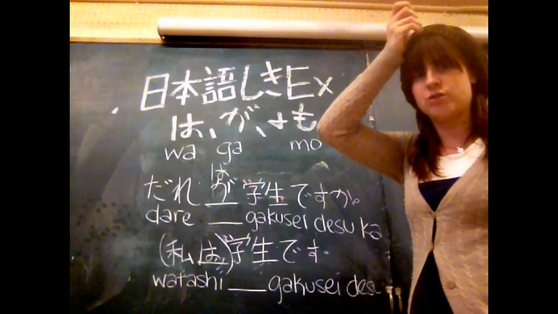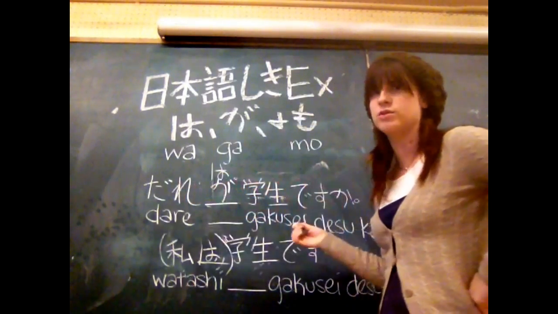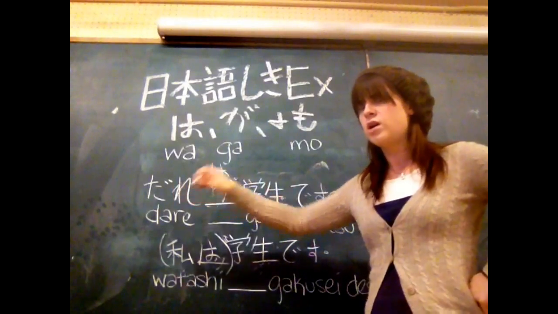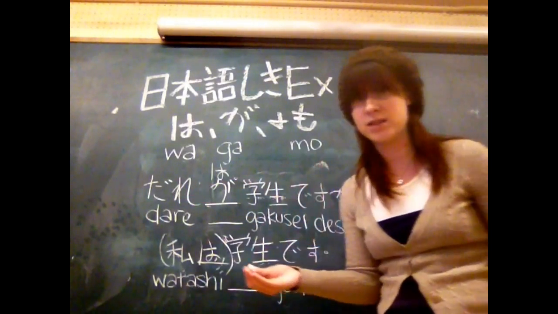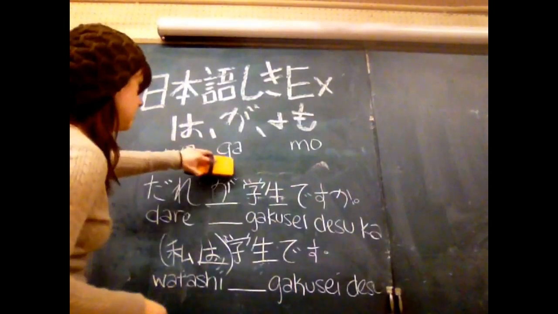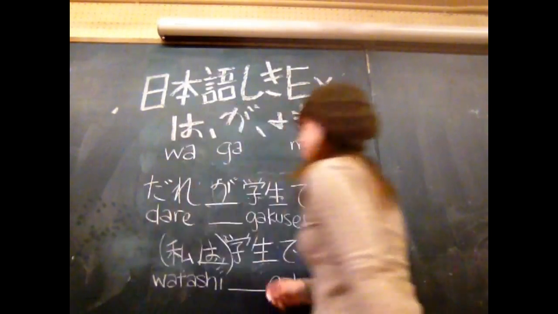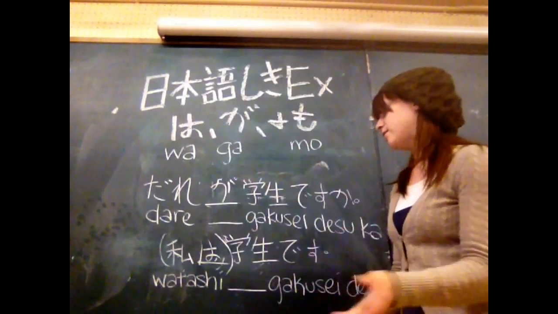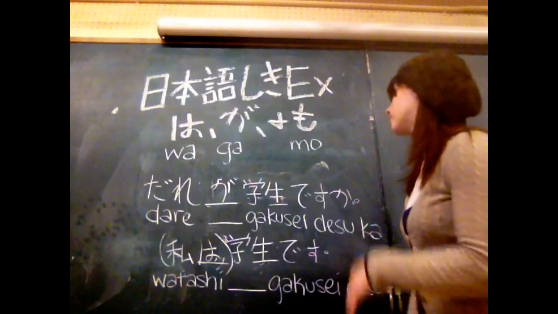Because that gets you a sentence like, is who a student? As for who, are they a student? That sounds dumb in English, it sounds dumb in Japanese, because it's wrong. You don't use wa in that case. So we use ga instead. But we could totally answer, Bob wa gakusei desu.